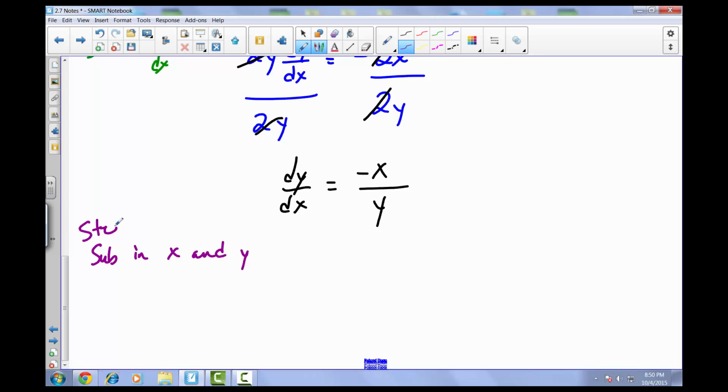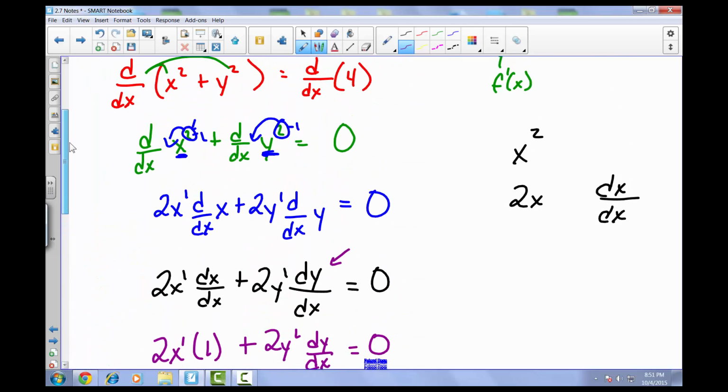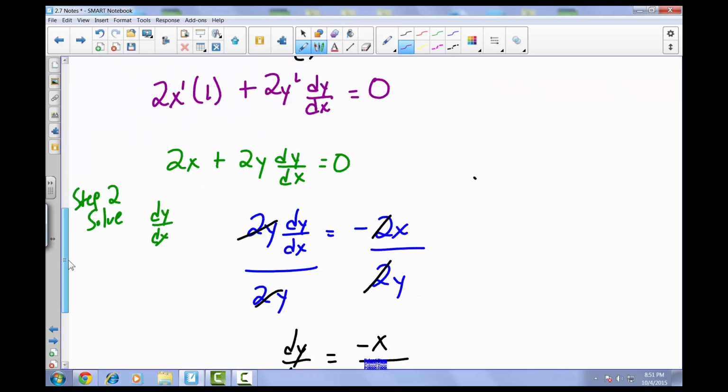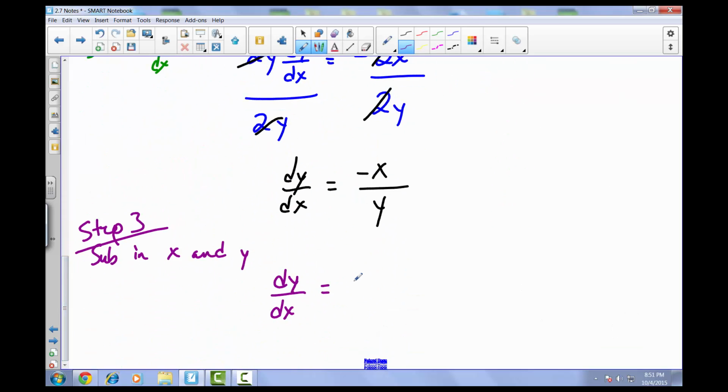So again, this is step 3. It looks like our derivative of y with respect to x comes out to be, our target point was 1 comma negative root 3, so negative 1 divided by negative root 3.